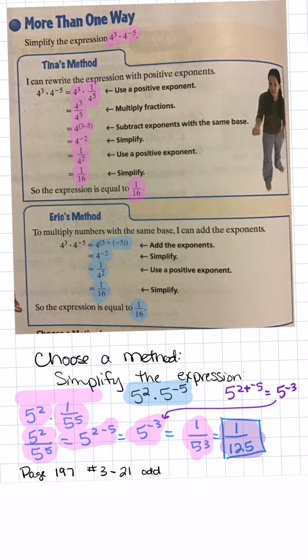And then over here I used Eric's method, and I just added 5 to the second power plus -5 and got 5 to the negative third power, and that is the same step right there. So either way is correct. Eric's is a little bit shorter, less steps, but it is a little bit more confusing adding them.